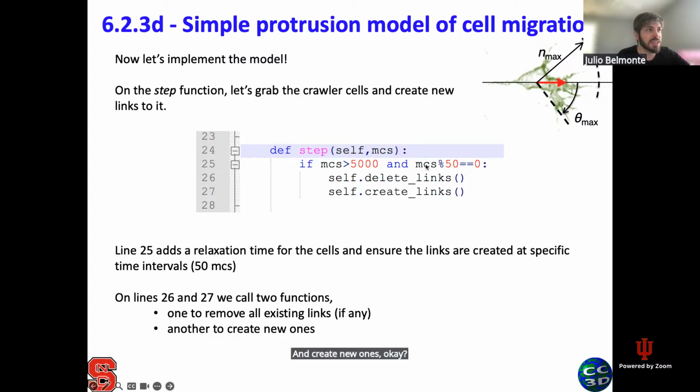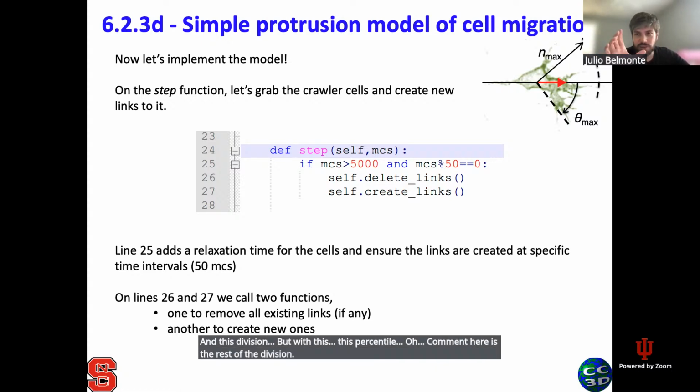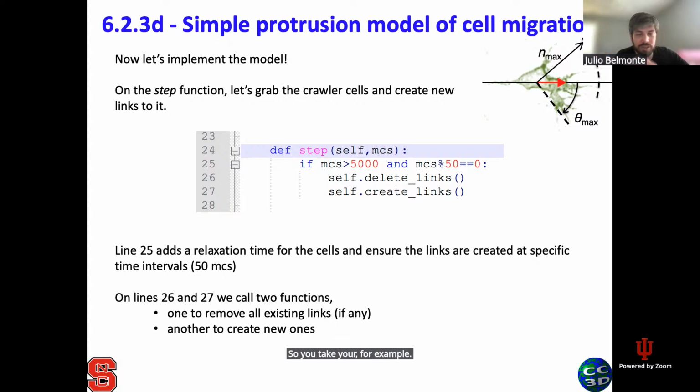So this MCS is the time of simulation, and this division, well, with this percent sign here is the remainder of the division. So you take, for example, 5,000 divided by 50, right? 5,000 is divisible by 50. It's going to give 100, right? The result, and there's going to be no remainder, okay?